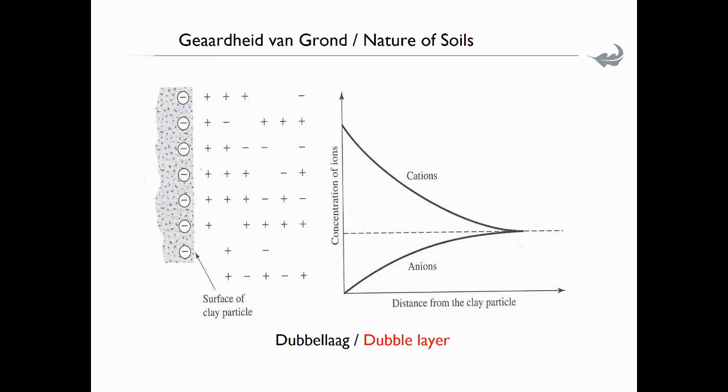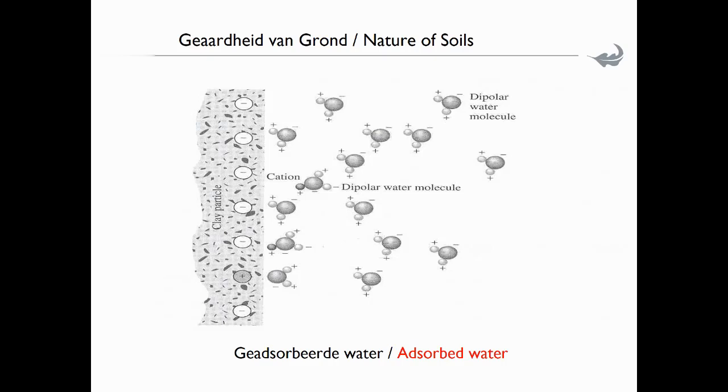So if you look at this picture, you have the negative charge on the clay particle itself, and then the dispersed layer of cations and anions adjacent to the clay particle, and the cations are more than the anions. And also the pore water is attracted to the clay material, and you have this adsorbed layer of water around the clay minerals.